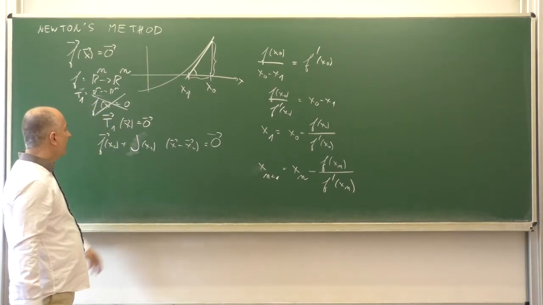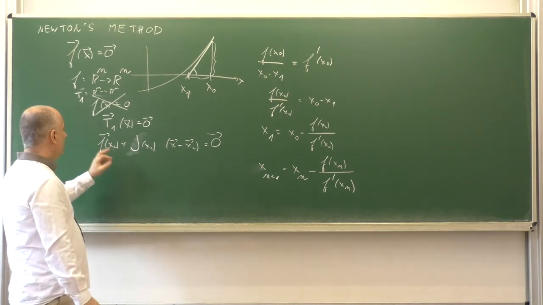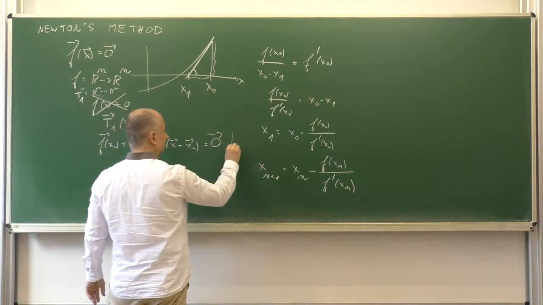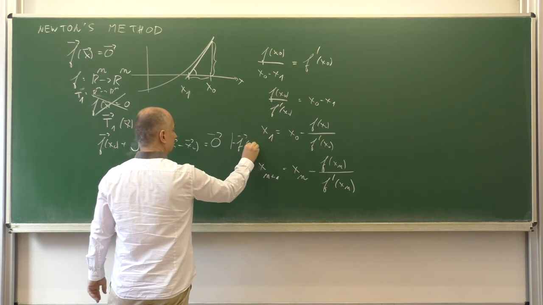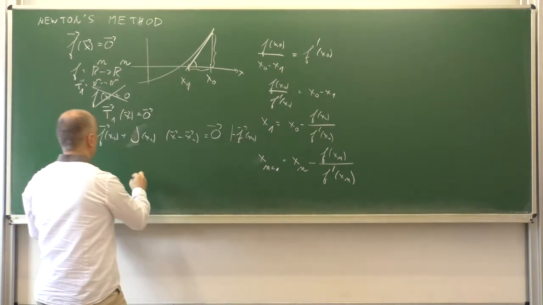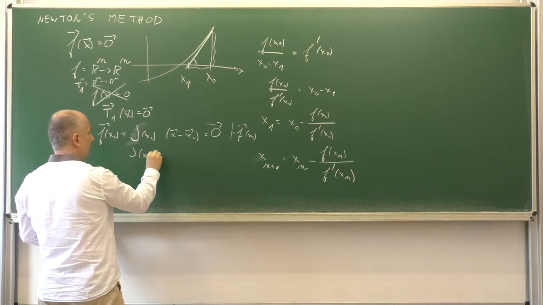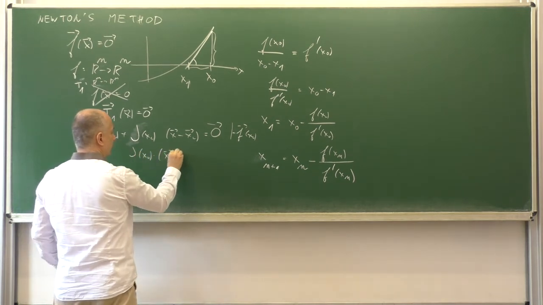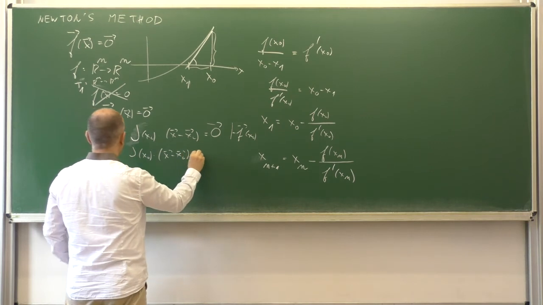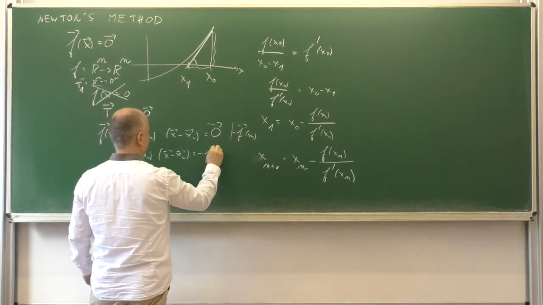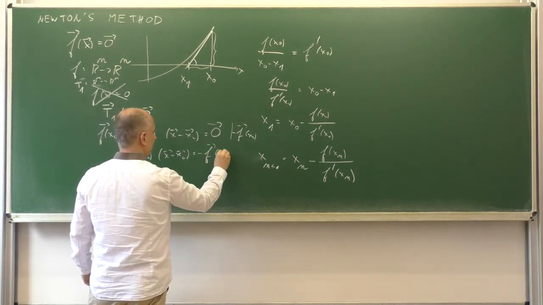And in the same way, we can find x. We subtract f to get J at x0 times (x minus x0) is minus f at x0.